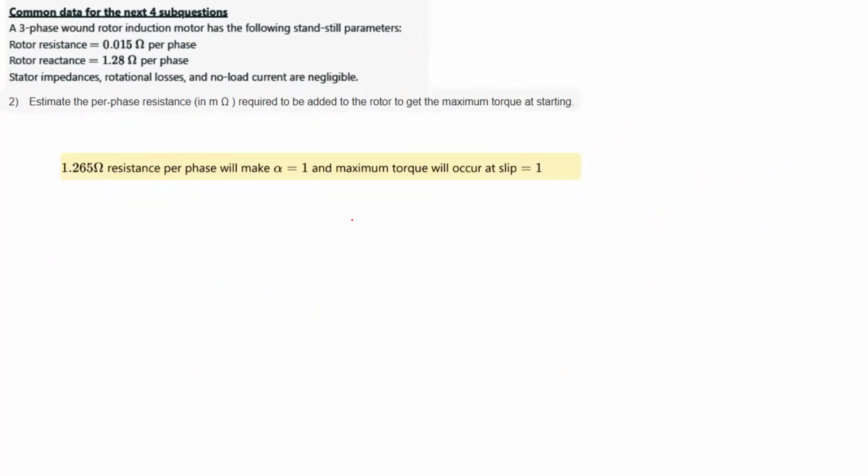Now we go to the next question. Here we have to estimate the per phase resistance required to be added to the rotor to get the maximum torque at starting. They are saying that this alpha should be equal to 1. So R2 dash plus R external by S, where the slip value is only 1, divided by X2 dash, should be equal to 1.